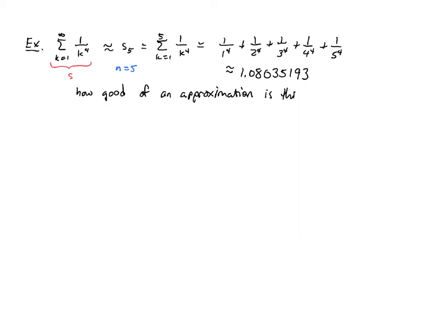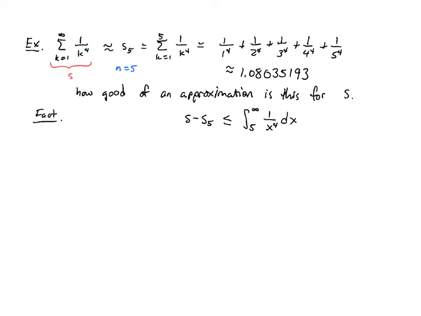And your question is, how good of an approximation is this for the entire series S? And what the previous fact that we had says is that the difference, S minus S sub 5, is less than or equal to the integral from 5 to infinity of 1 over x to the 4 dx.